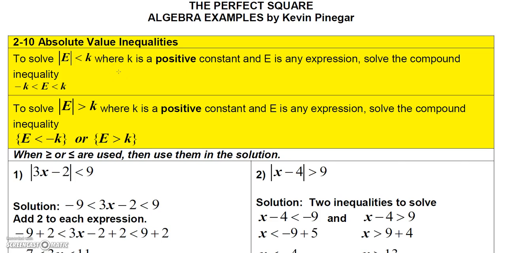Okay, in this final section, I want to talk about how to solve absolute value inequalities. There are two situations that you need to be able to deal with. One of those is when you have the absolute value of an expression less than a positive number.